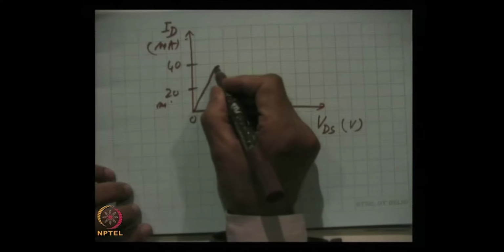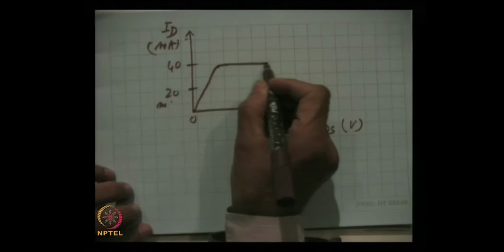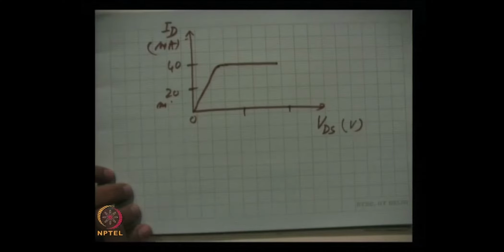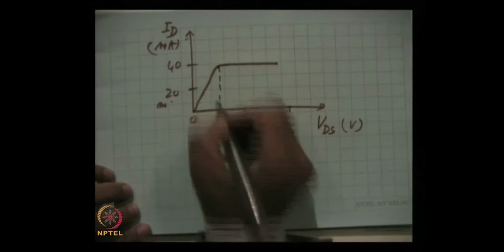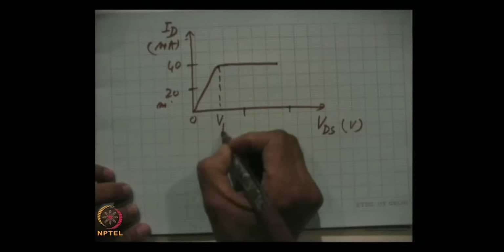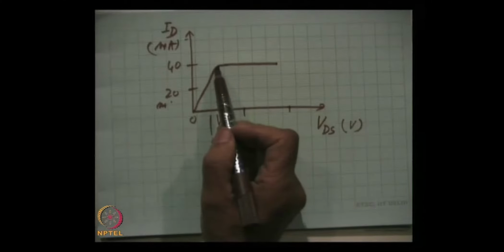So, at that point the current is levelled off, it does not increase further, and this voltage, this is Vp, the magnitude of the pinch off voltage, where the pinch off has occurred.